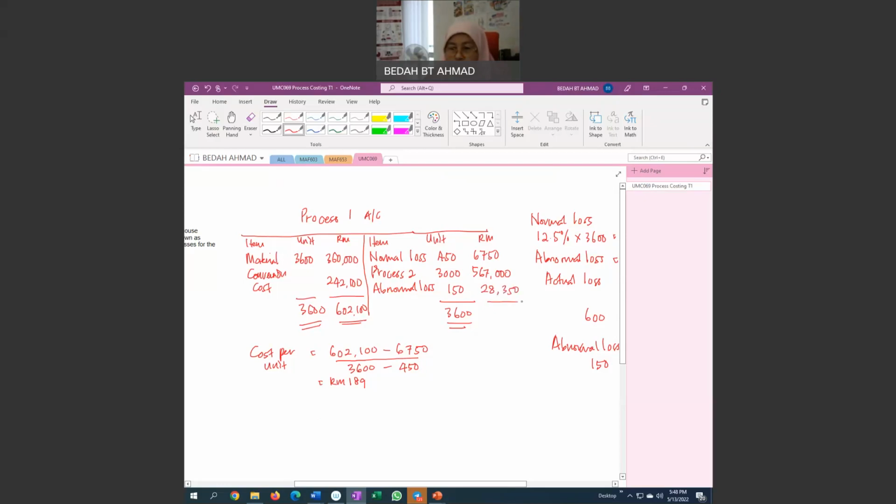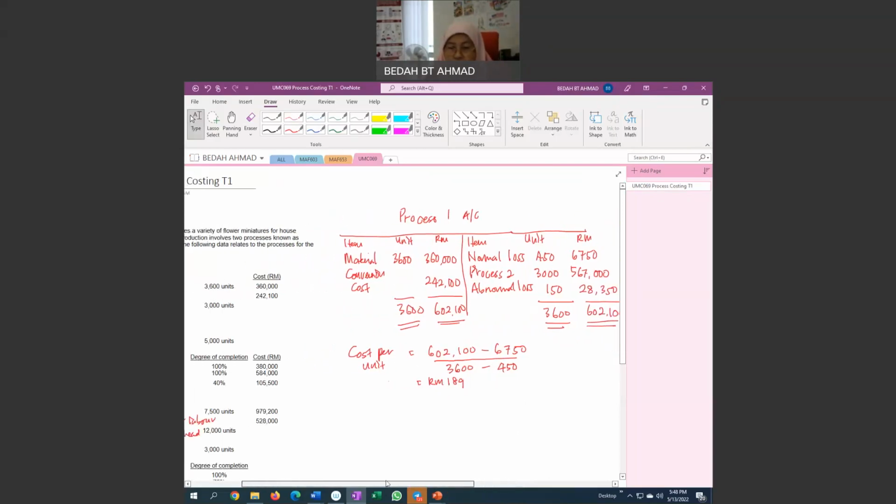So when you add together, it should be automatically balanced with the debit side, 602,100. So that finished process 1 account.